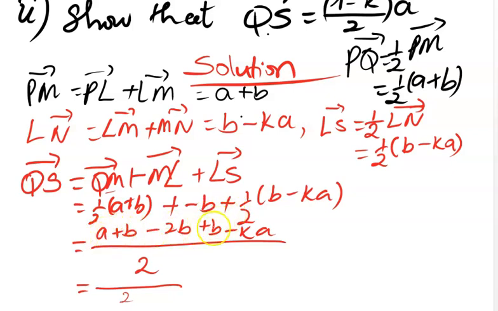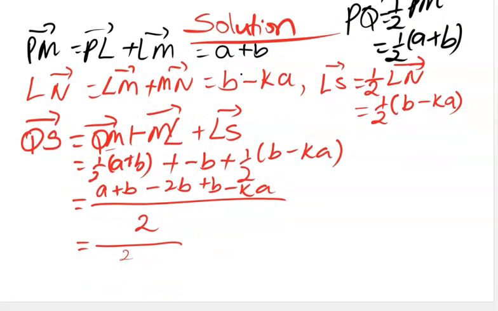So we are left here with A minus KA over 2, which gives us the required result, 1 minus K over 2, all that A, because here we are able to factorize A minus KA, we are able to factorize A. Okay, all right. It's how we handle questions on vector geometry.